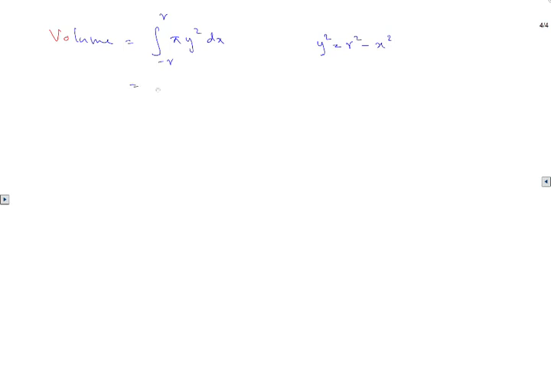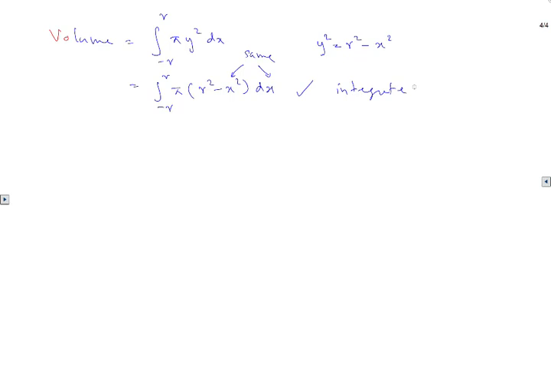So it's the integral from negative r to r of pi times (r squared minus x squared) dx. Is this good now? Yes, you can see that the variables are the same. r is a constant, so good. So we're going to integrate now. Remember, you have to bring everything into one variable before you start integrating.